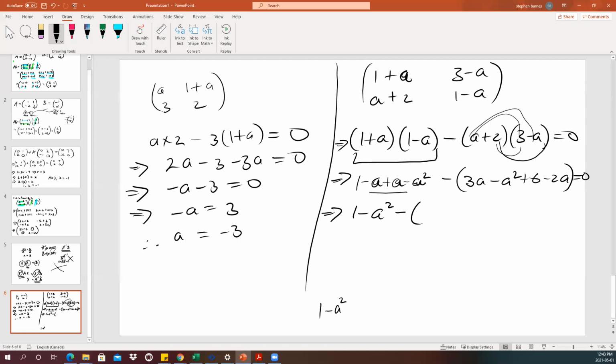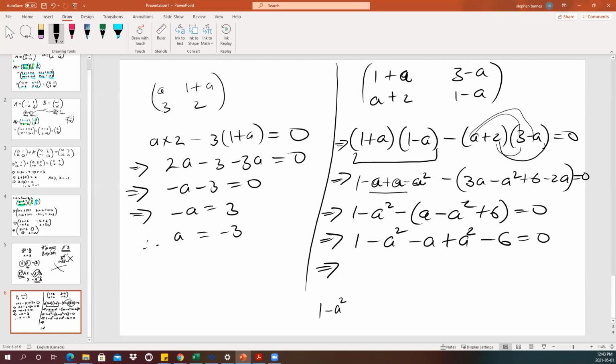So we can write this as just a minus a squared plus 6 equals 0. Now I'm going to multiply the bracket with the minus. So this is minus a plus a squared minus 6 equals 0.